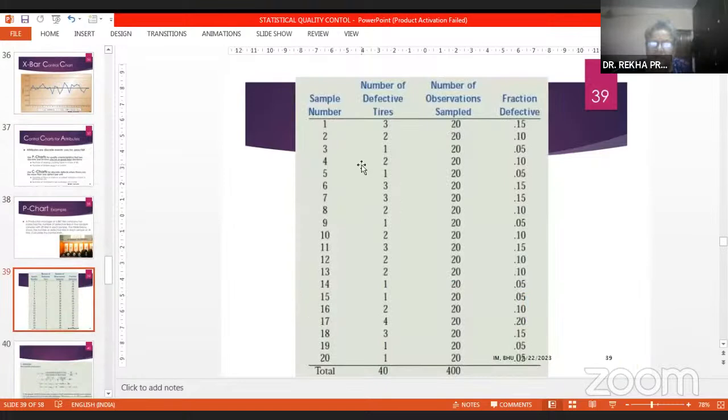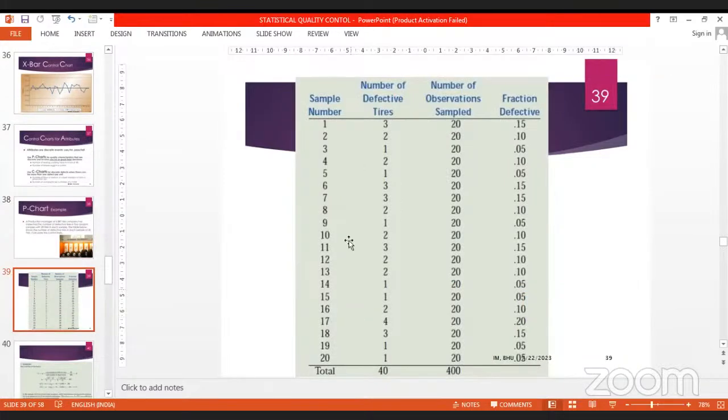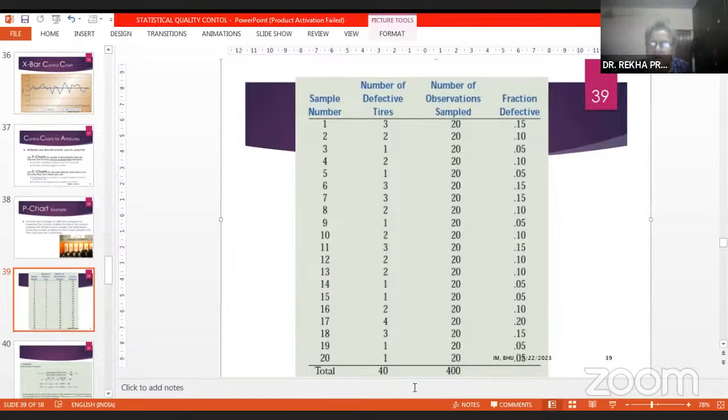तो 20 लिए है ना number of samples. Yes. पहले sample में 3 था, 2 था and so on. Number of observation sample 20. तो fraction defective कितने हुए? 20 में 3 defective थे. 3 by 20. It is coming to, this is 2 by 20, that is 0.1, and this is 1 by 20.